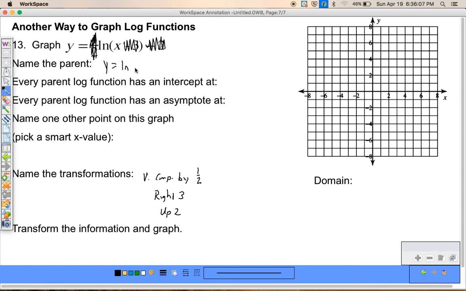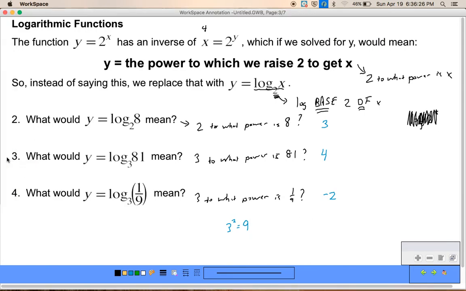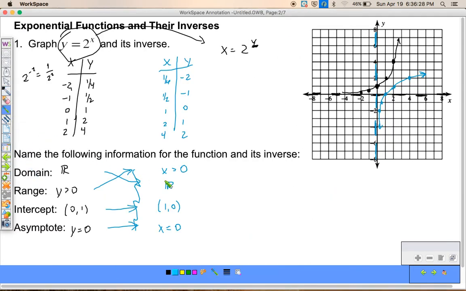So y equals the natural log of x, or if we want to see that base in there, log base e of x. Now, the shortcut route to this is, if we know what the parent function is, we know that's a logarithmic graph, we just have to think about what are the characteristics of a log graph. And if we go back to the very beginning, here's all of our characteristics of a log graph.